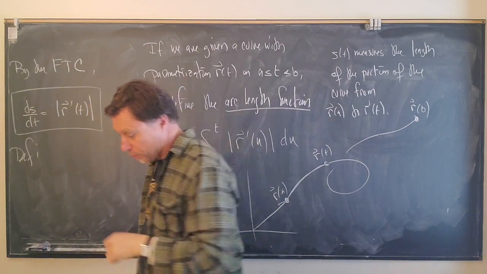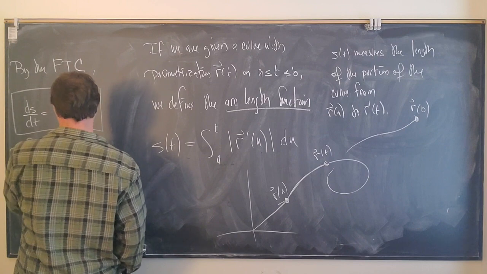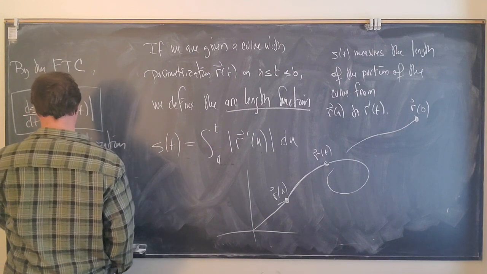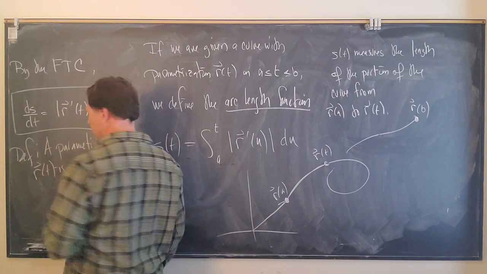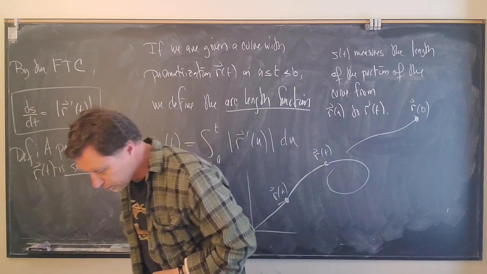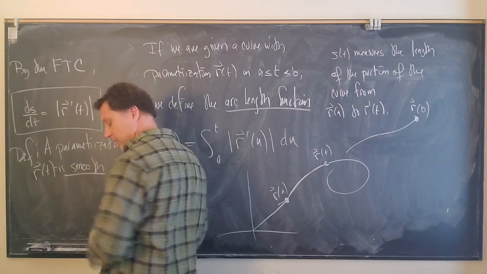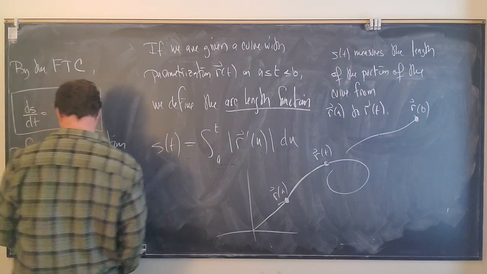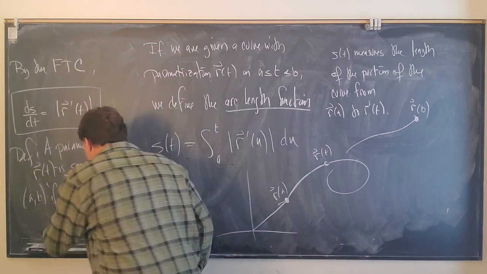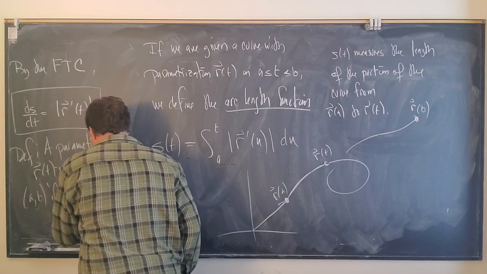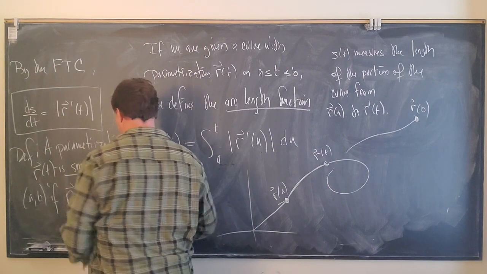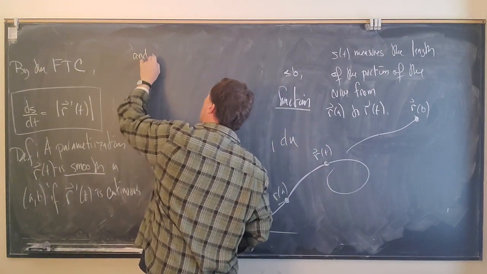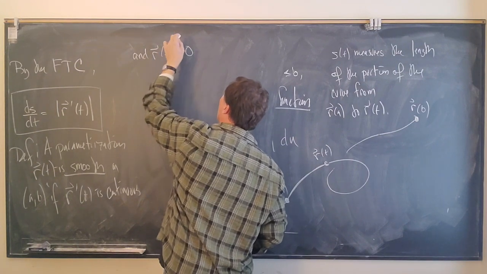Now we need a definition: a parameterization r of t is smooth on the interval from A to B if r prime of t is continuous, and r prime of t is not equal to 0.